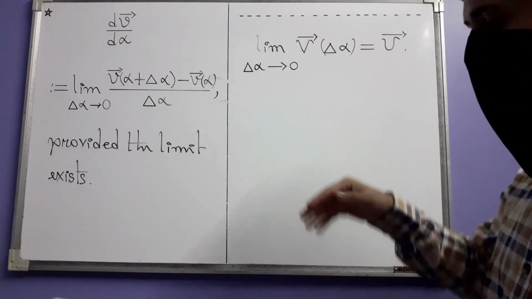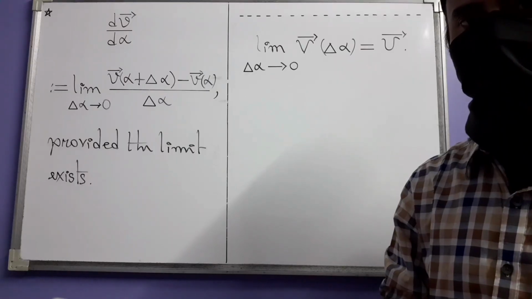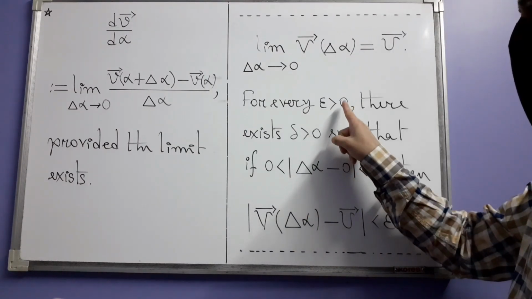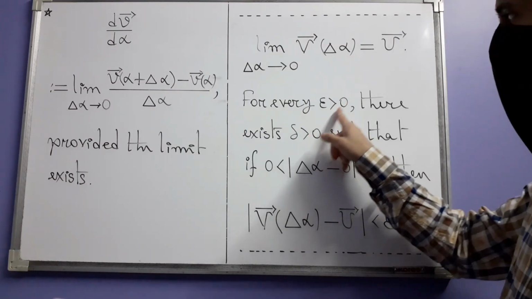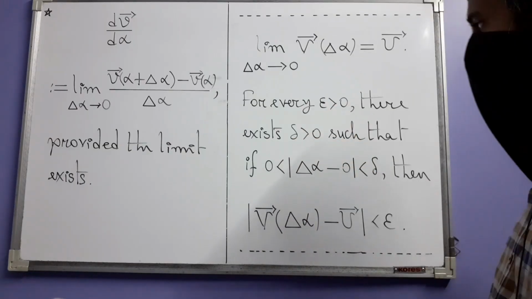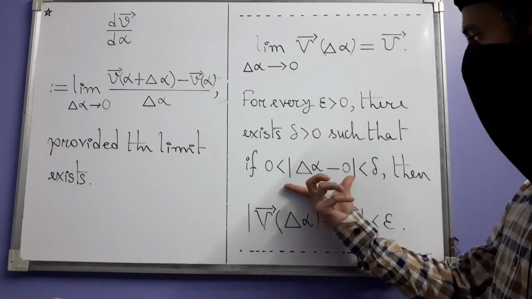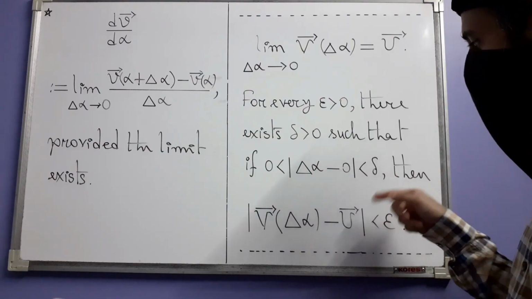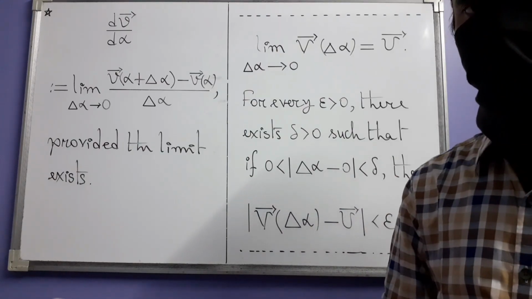What exactly is the meaning of this limit? This is the meaning. For every epsilon greater than 0, there is a delta greater than 0. These are real numbers, of course, such that if these inequalities are true, then this inequality is also true.